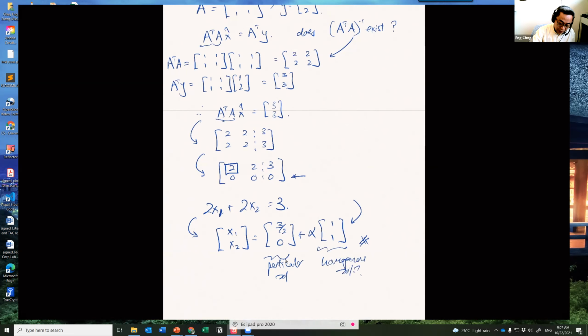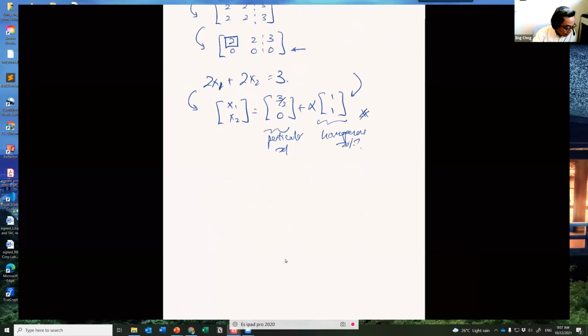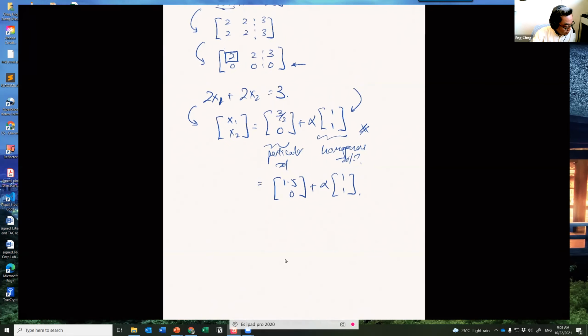All right, and then when we solve, what is our answer? The answer is we can get it as 1.5, 0 plus any constant. Oh no, minus. Okay. Right, now let's try. A is 1, 1, 1, 1 multiplying by 1.5, 0.